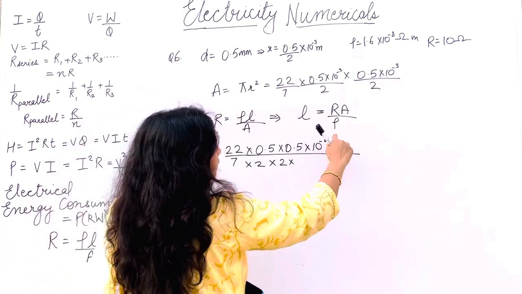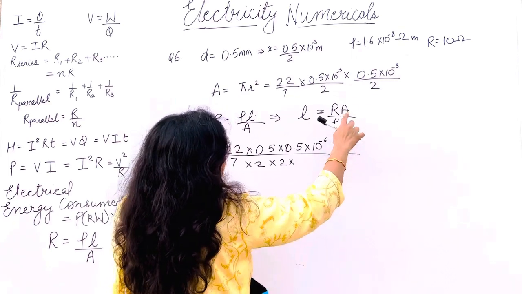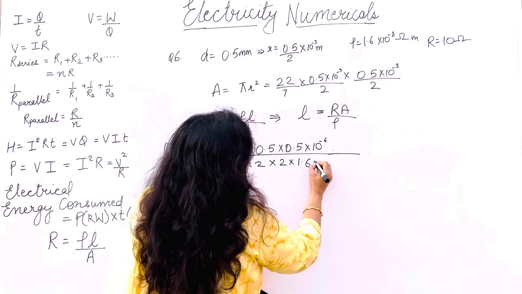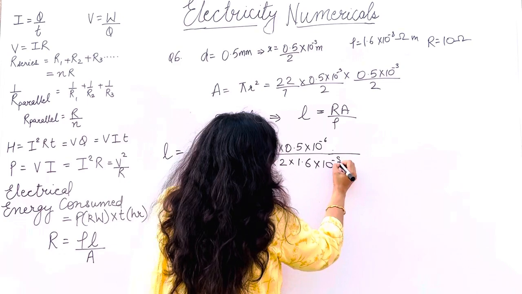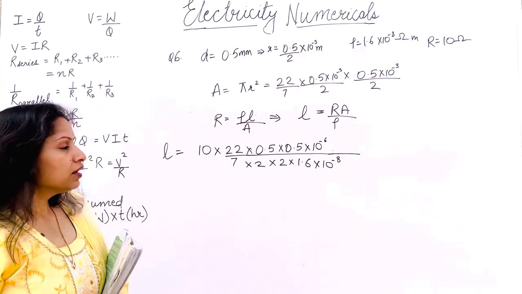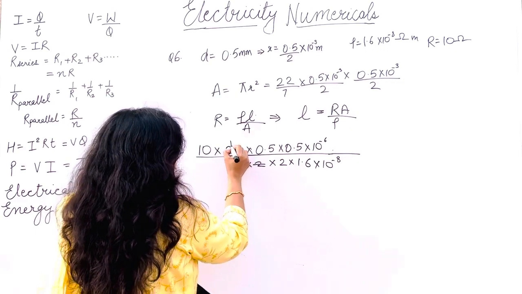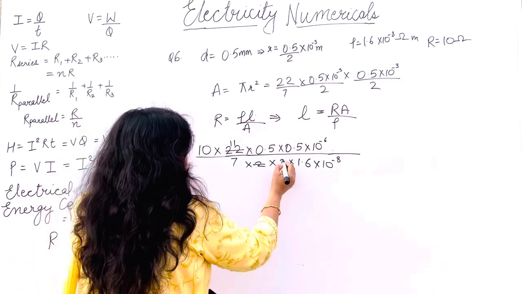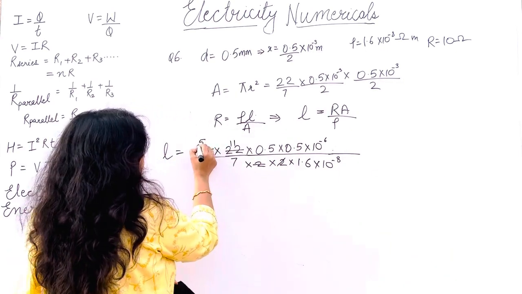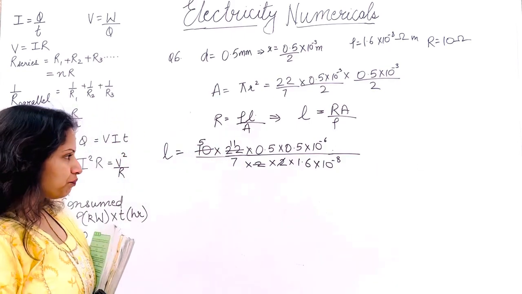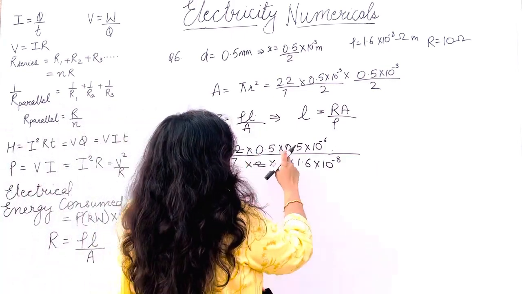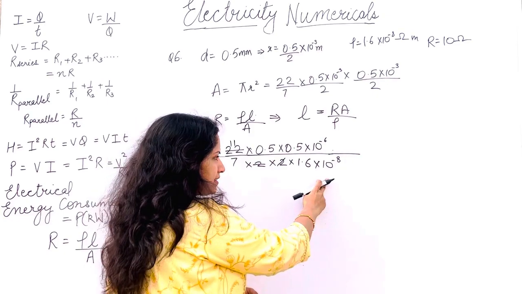Now we have to write the resistivity. Resistivity is 1.6 into 10 to the power minus 8. We have just put the values. Okay. Now we are going to solve it out. So 2 11 times will give you 22. 2 here 5 times will give you 10. Then 10 to the power minus 8 is here.